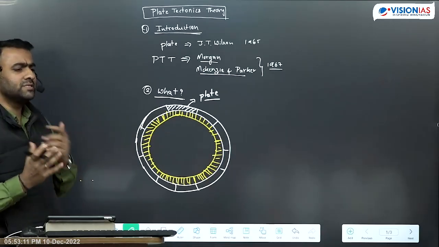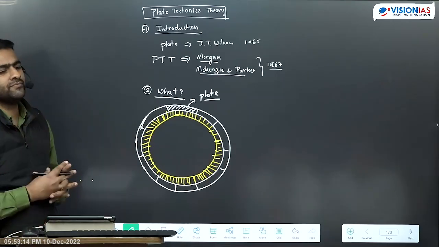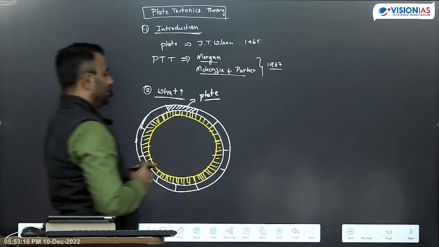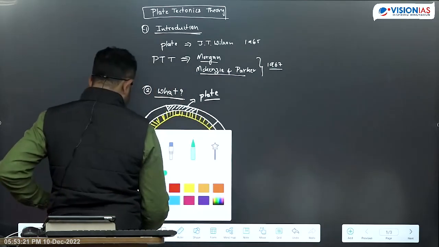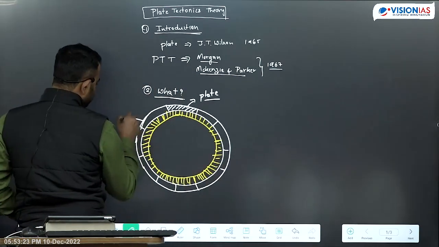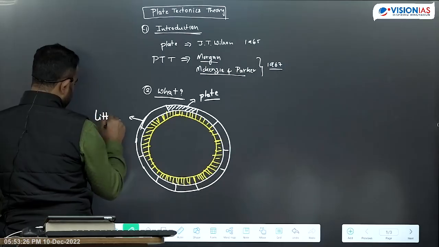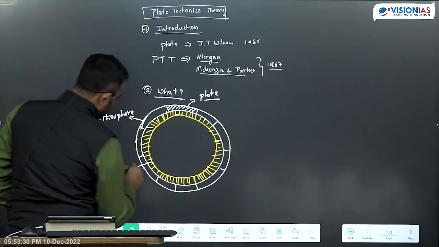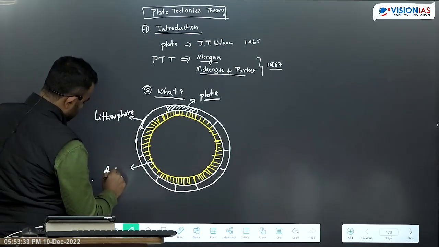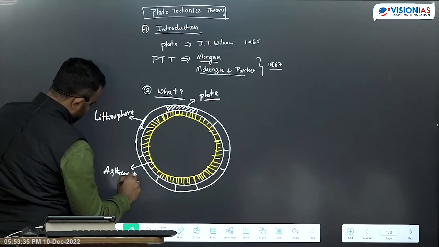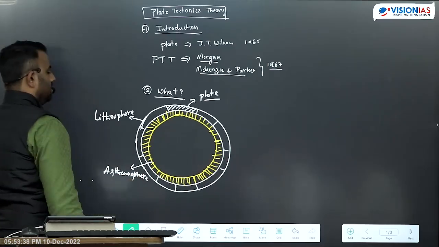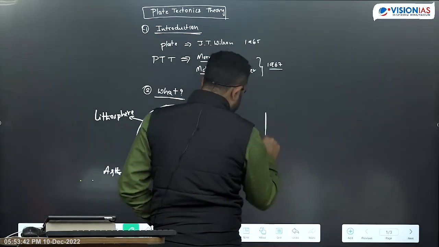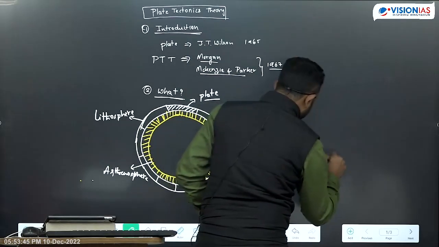Some of them are very big, we call them major plates. Some of them are small, we call them minor plates. So what exactly is a plate? Okay, labeling is very important. You can also write it down if you want extra marks.